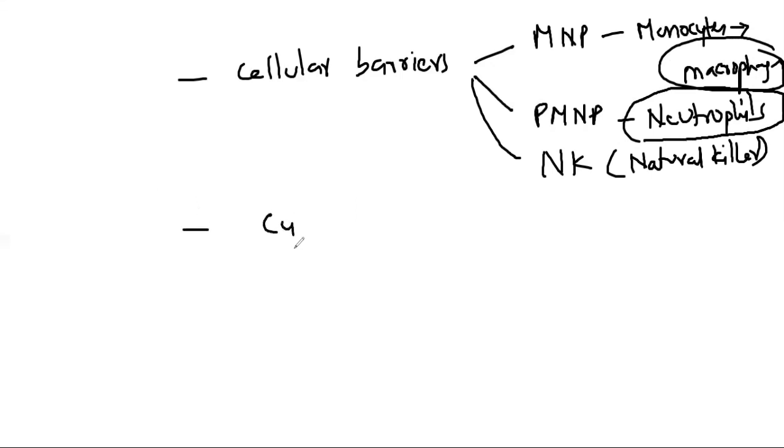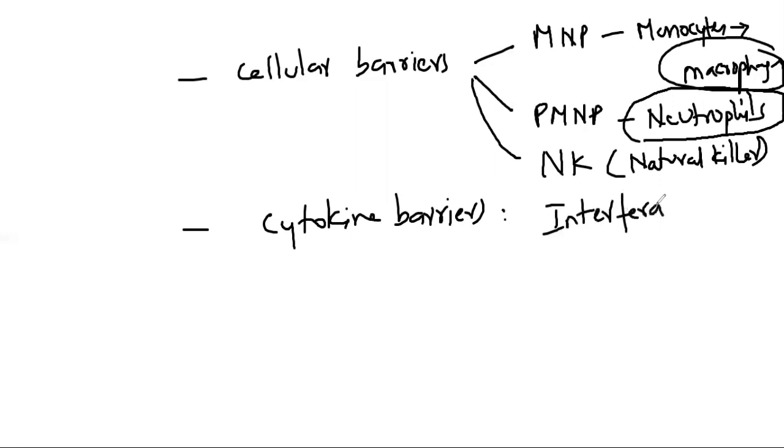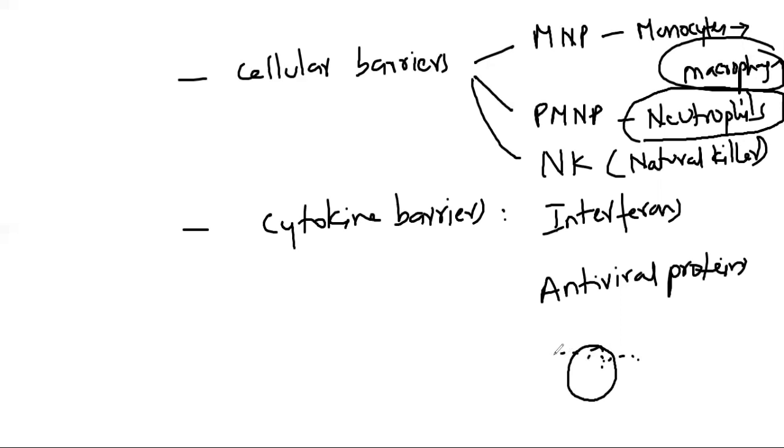Next, cytokine barriers. Now here the cytokine barriers, interferons. Now these interferons are antiviral proteins which are generally produced by the virus infected cells. These antiviral proteins are released by the virus infected cell.